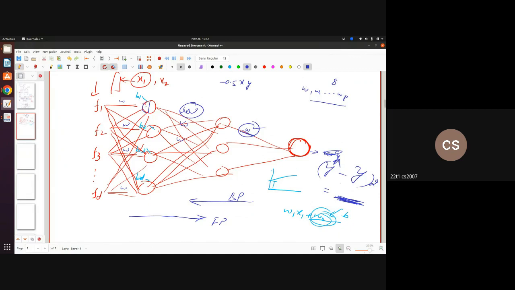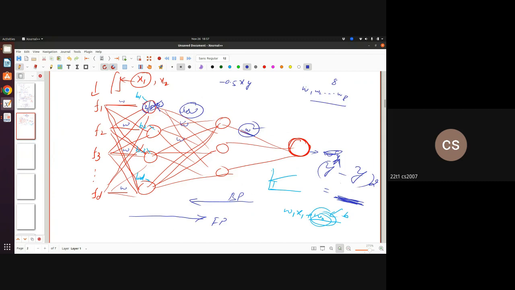Let's say Z1 is the value that is produced at this neuron, and then we will apply some activation function to this Z1, and that will be sigma Z1, and that's what is passed on. Let's say we do not apply this. In that case, this Z1 will be further passed on here.